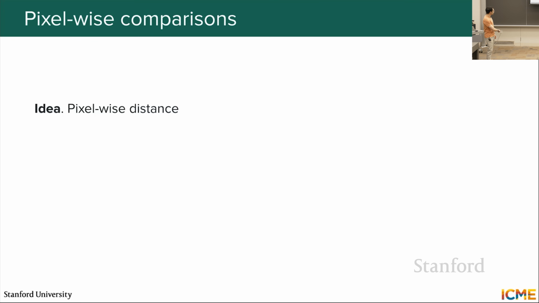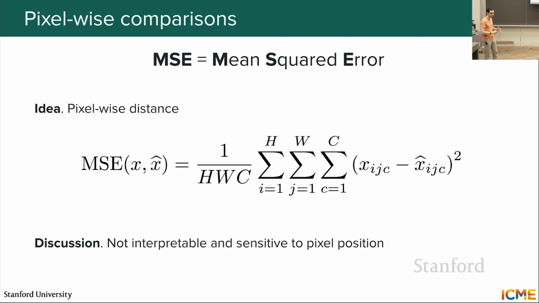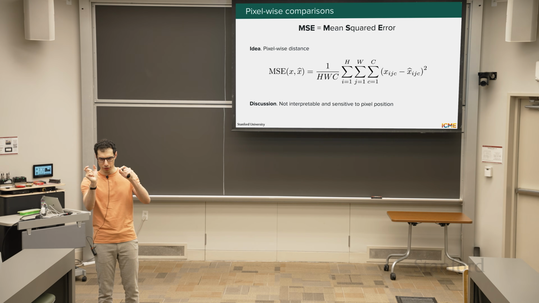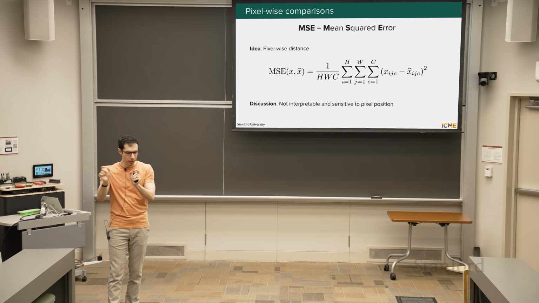The first metric you may think about, the formula looks scary, but it's just about comparing pixels, pixel-wise distance. You may also know that distance under the name MSE, which stands for mean squared error. This metric takes these two images and computes the pixel-wise distance between a given pixel in the reference image and the pixel in your generated image. And it does that for all pixels.